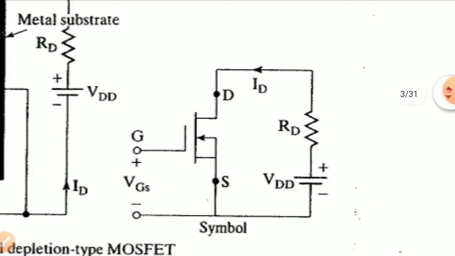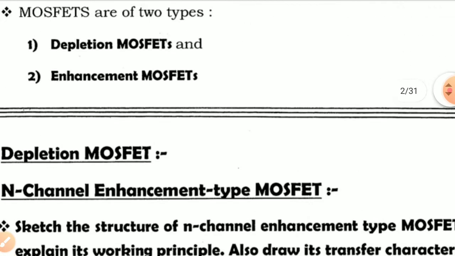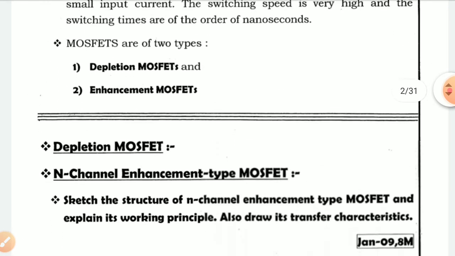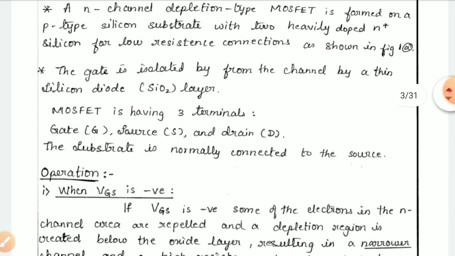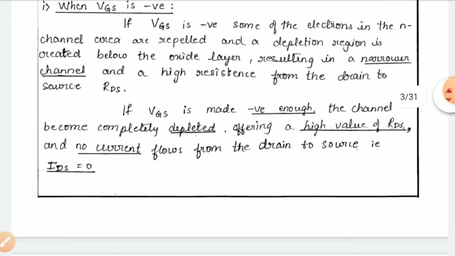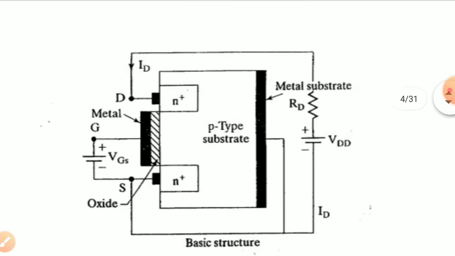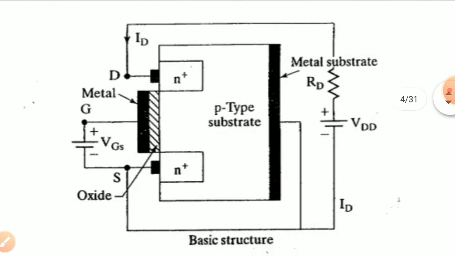Here we discussed the n channel depletion type MOSFET. Now we'll move to the n channel enhancement type MOSFET. The working principle and other things are already explained. This is the sectional view of the n channel enhancement type MOSFET.